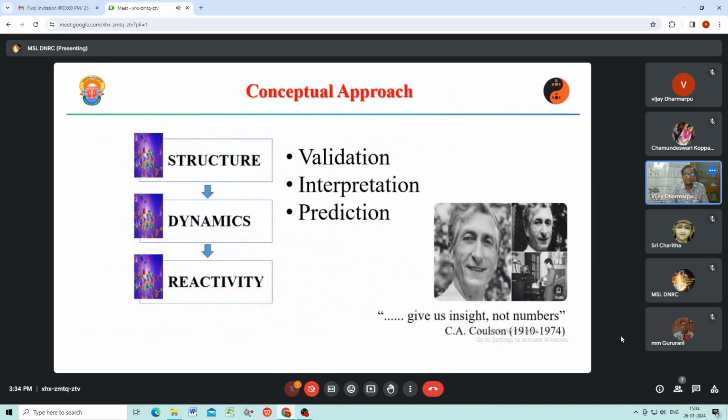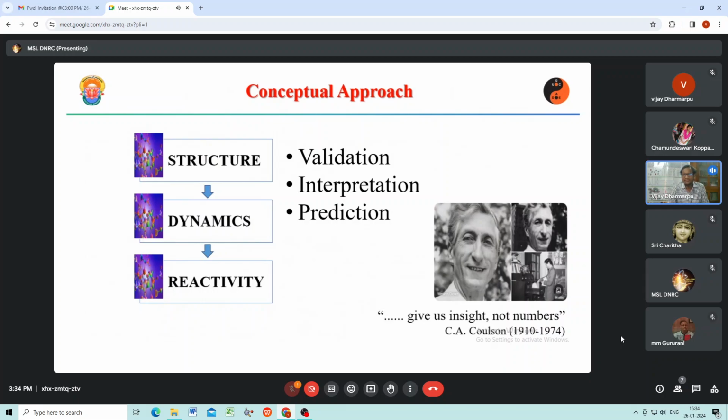For this we need some structure, like benzene with its ring structure. If we take any one structure, we can go with validation, interpretation and prediction.